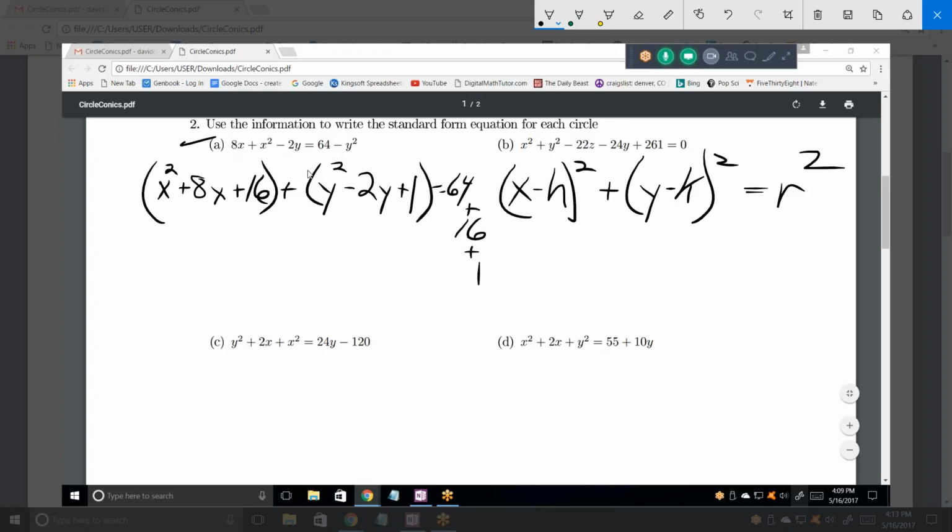Now, the whole reason I completed the square was so that I can write this term as a linear term squared. It's x plus 4 squared, and the only reason I can do that is because I completed the square. And what's the next term going to be?